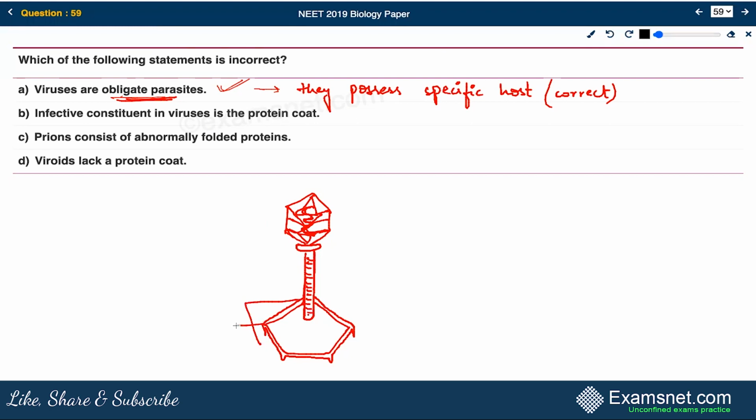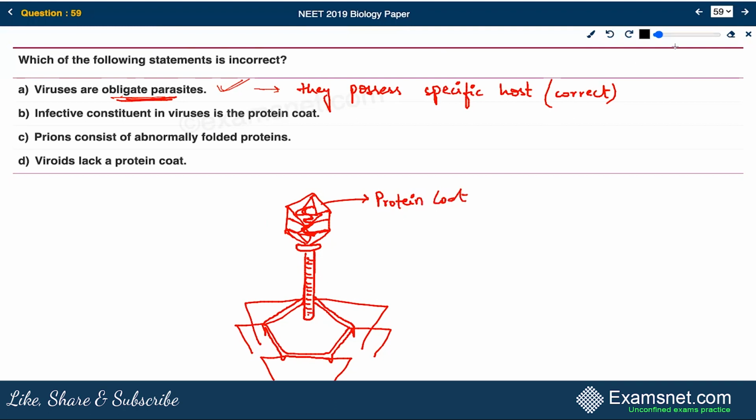They have tail fibers and tail pins like this. All right, so this is the protein coat. The protein coat is the non-infectious part of the virus.